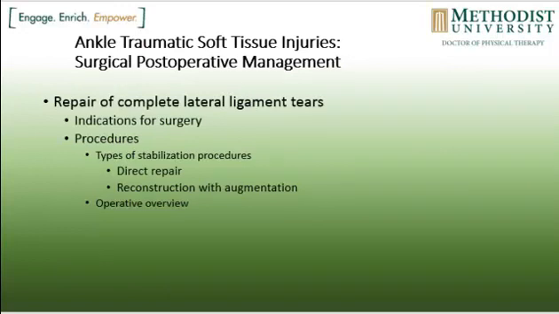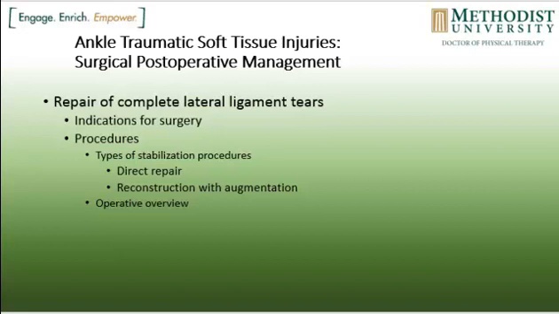Individuals who have chronic ankle instability with chronic ankle sprains may need ligament repair with surgery. Indications for surgery are those chronic tears. These individuals had to have failed conservative management with physical therapy.